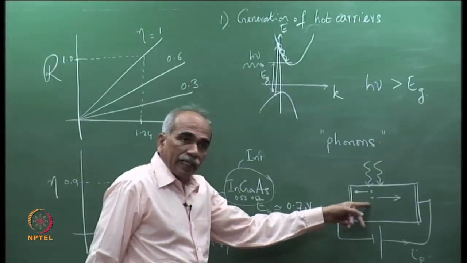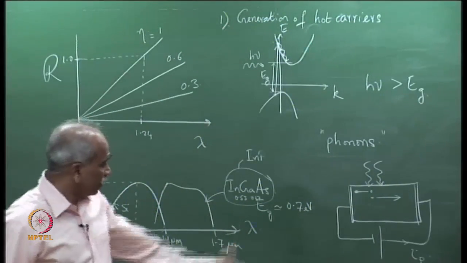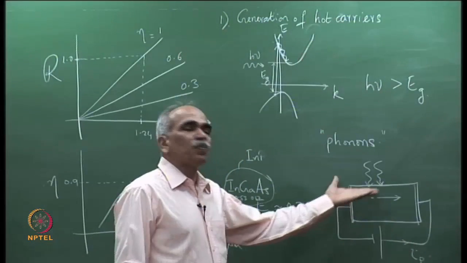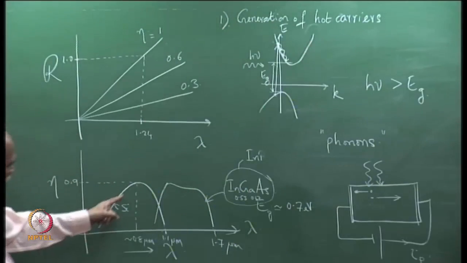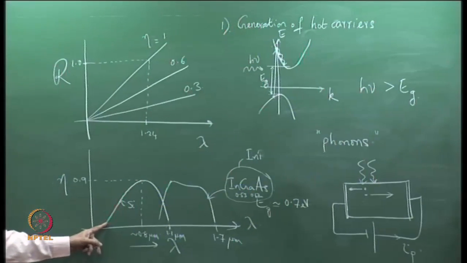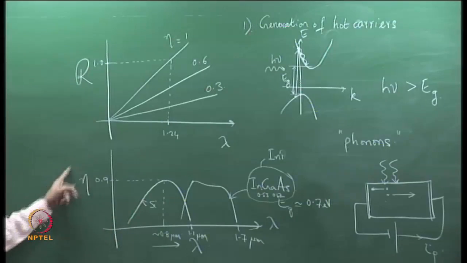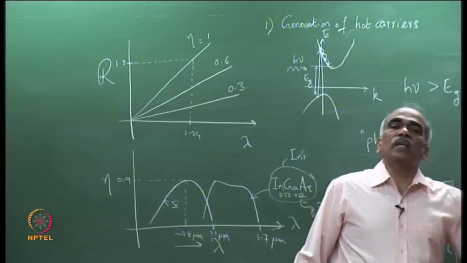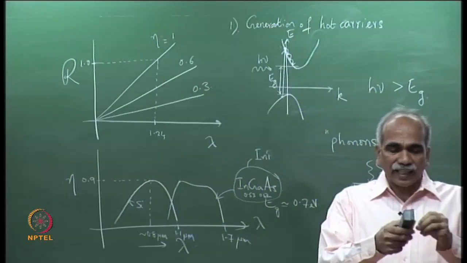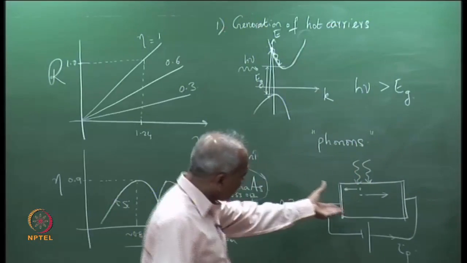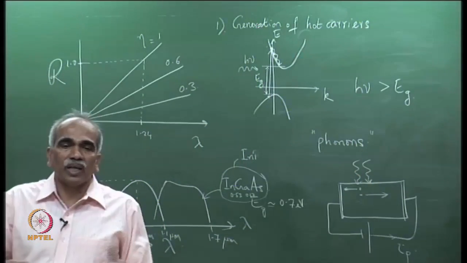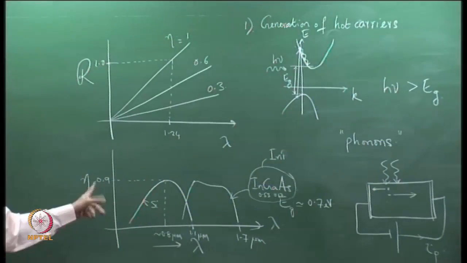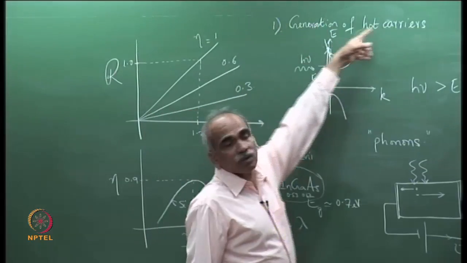Now if the generated carriers recombine very quickly, then there is no more contribution to the current in the external circuit, and therefore the response of the detector goes down, or the quantum efficiency of the detector goes down. Recall the definition of quantum efficiency as the carrier flux which contributes to the current in the external circuit, which means the carriers must be moving in the medium. If they recombine very quickly, then there are no more contributions to the external current, and therefore the quantum efficiency starts dropping. This is the first reason, generation of hot carriers.